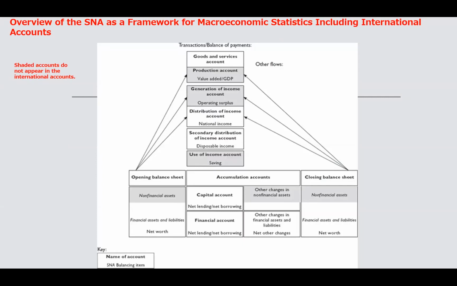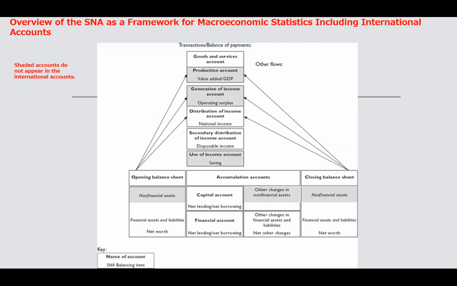Yesterday we said that all the macroeconomic statistics are integrated. This is an overview of the SNA as a framework for macroeconomic statistics, including the international accounts.